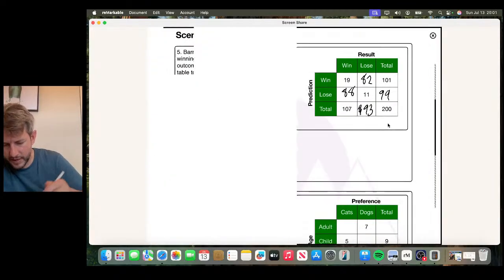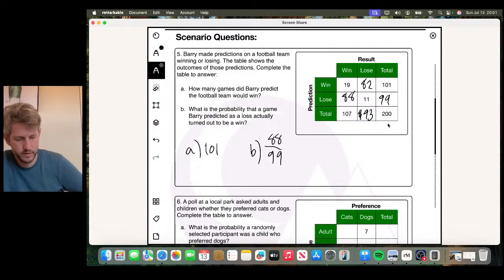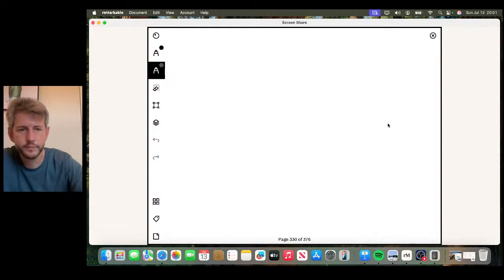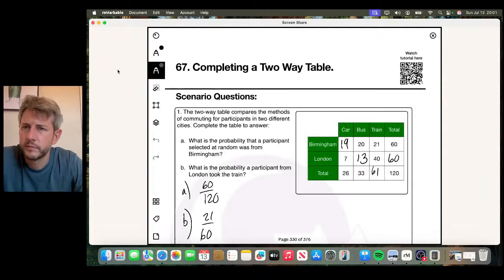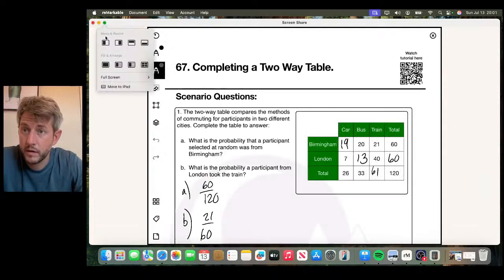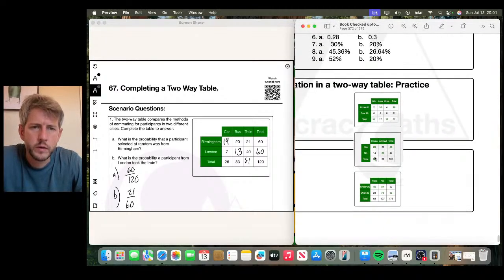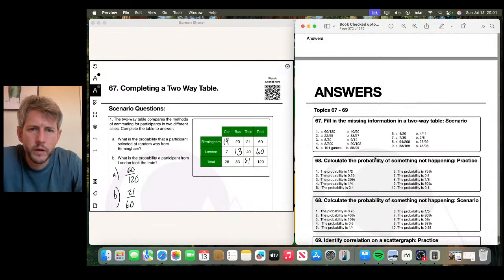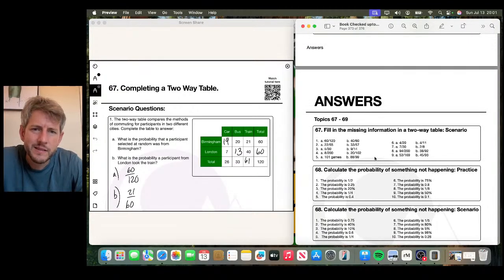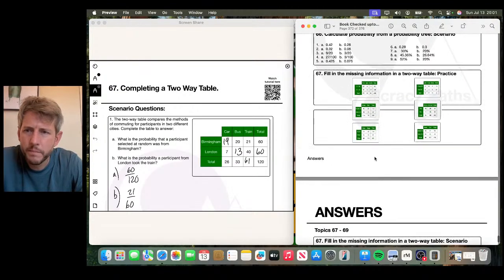Okay, right. Let's get these ones marked and then we'll do the last four. Here we go. Right, what is going? Okay. Ah, this is a problem.